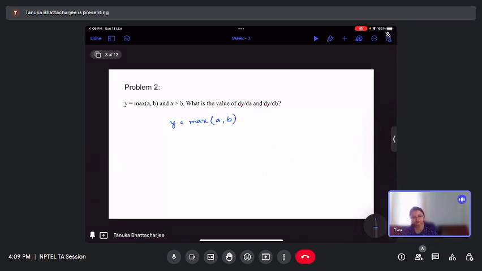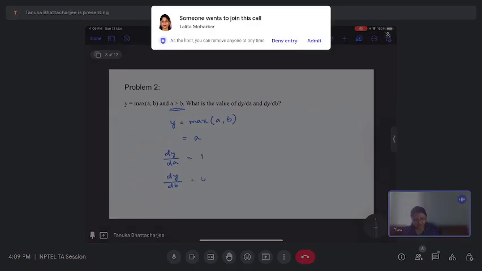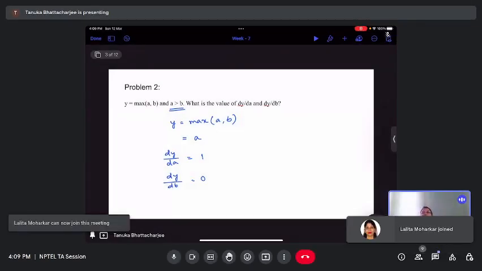Here it has been provided that A is greater than B, so your y simply becomes A, because you are taking the max of A, B. Now, this is again a simple expression. If you do dy dA, it becomes 1, and if you do dy dB, it becomes 0. So, this is how you do it for the maximum operation.